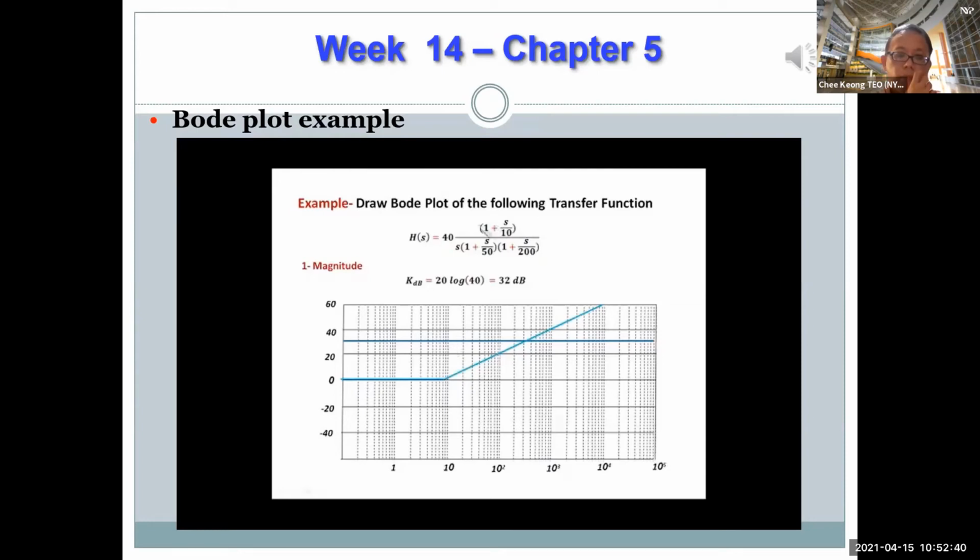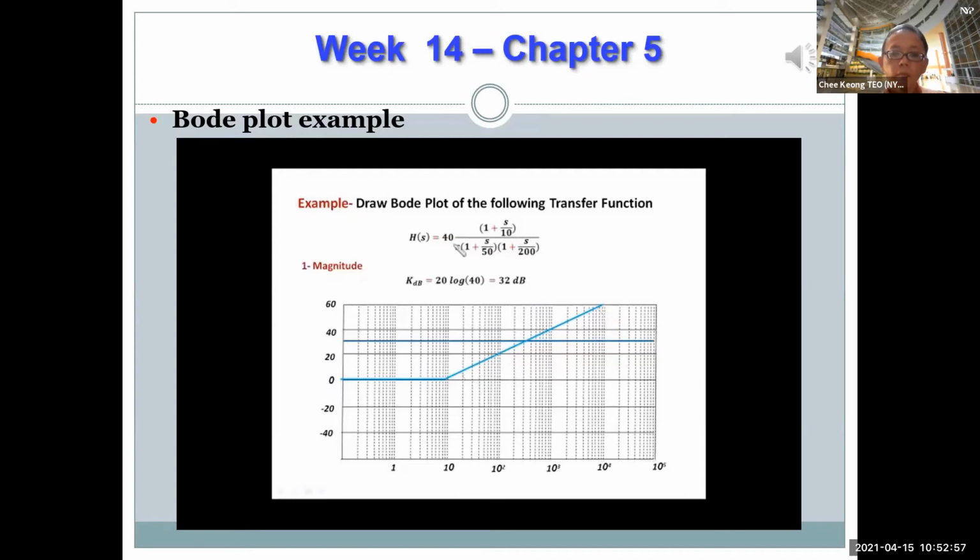So now we have taken care of the corner frequency at 10, which gives us the zero. As you see, you start from 0 dB until you hit 10, and then you rise 20 dB per decade as a straight line.